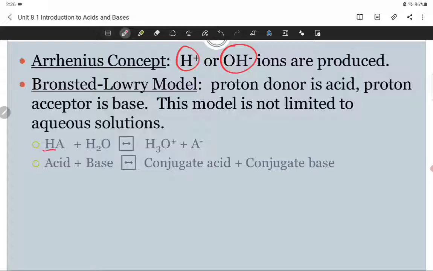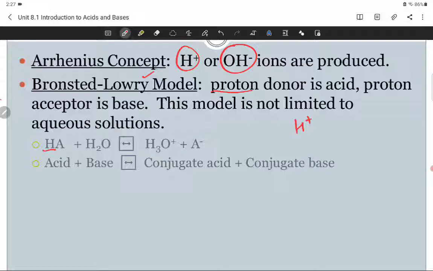Unfortunately, there's some acids and bases out there that don't have that H positive, OH minus idea, but they're still acids or bases, so we needed a second model, the Bronsted-Lowry model for acids and bases. And this one's protons. So what is a proton? A proton's really virtually an H positive, because hydrogen atoms have one proton, one electron, and no neutrons. So if it's H positive, it just has the proton.